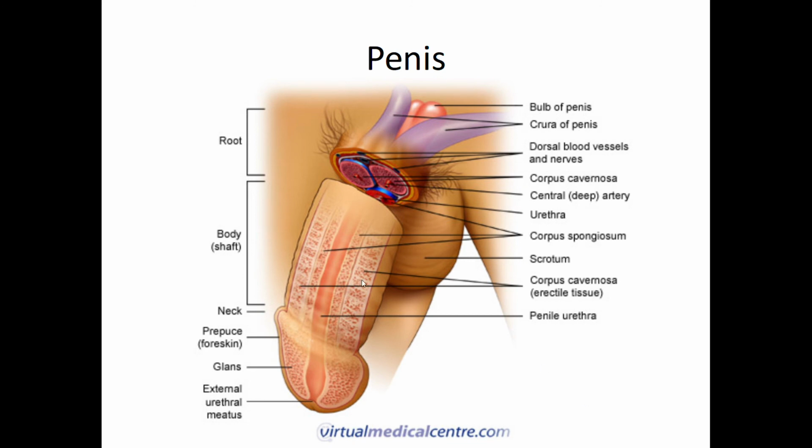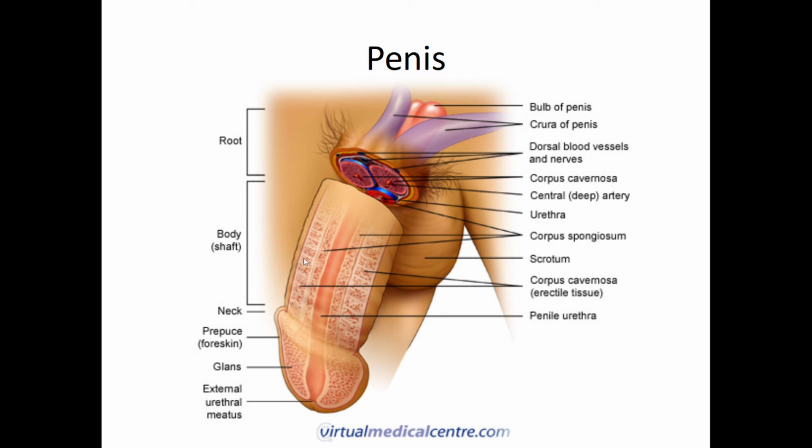So the penis is this erectile structure, and the erectile part comes from this corpus spongiosum and corpus cavernosum that fill with blood and become firm and elongated. Now we can look down here, we see the glans, which is the sort of sensitive part at the end, where we're also seeing the urethra exiting.